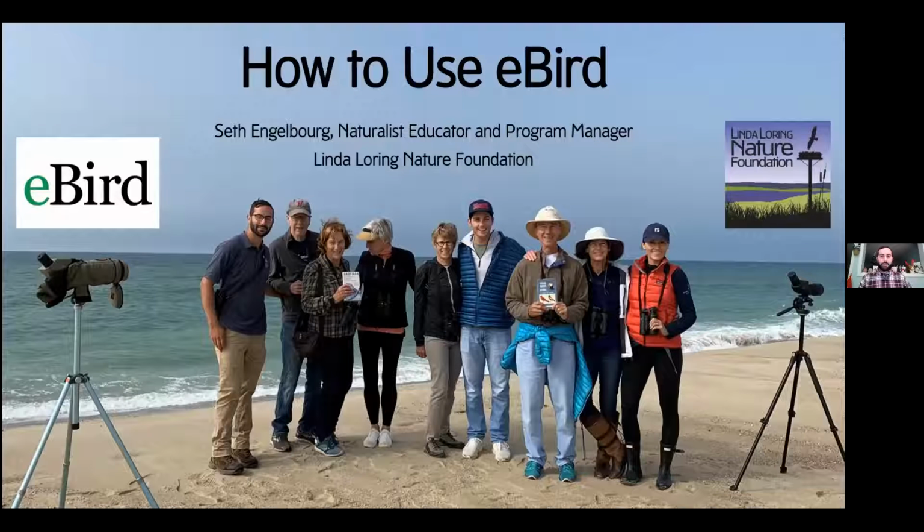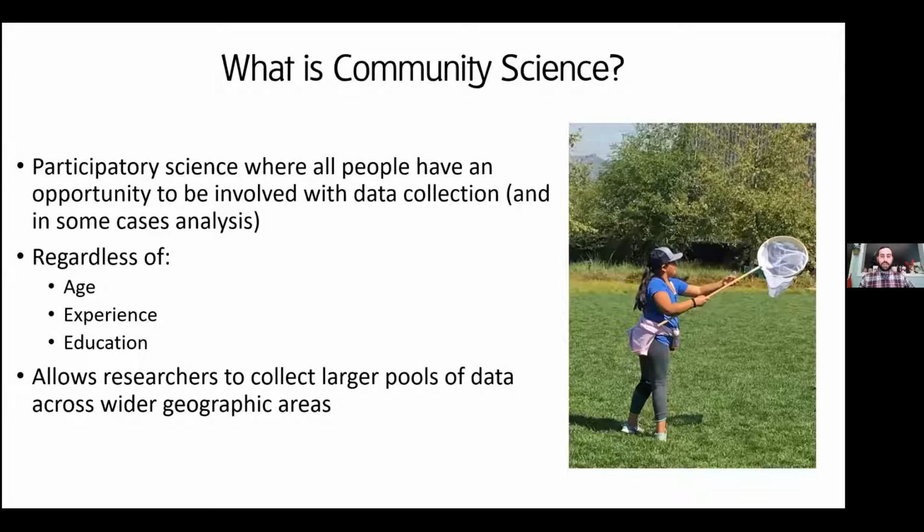So today we're going to be learning all about how to use eBird. Before we talk about eBird, I want to talk generally about what community science is, this being the first session. Community science is basically, in a nutshell, an opportunity for all people, regardless of age, experience, or education, to be involved in collection of data.